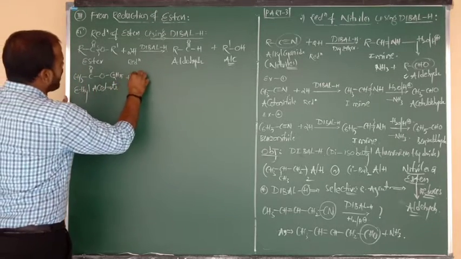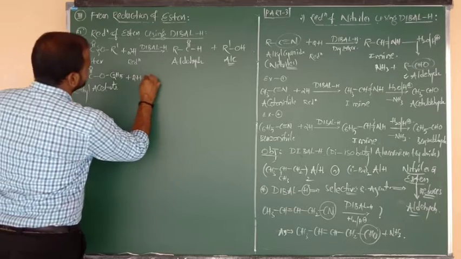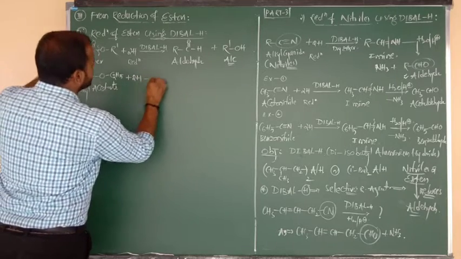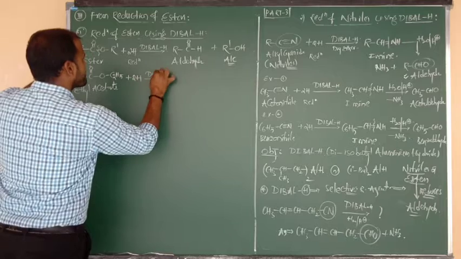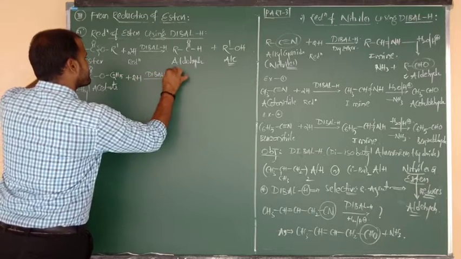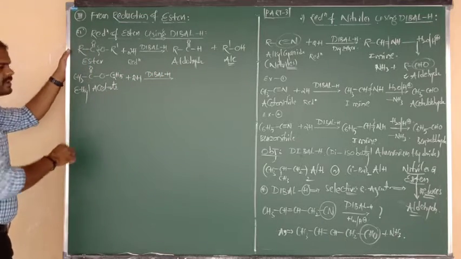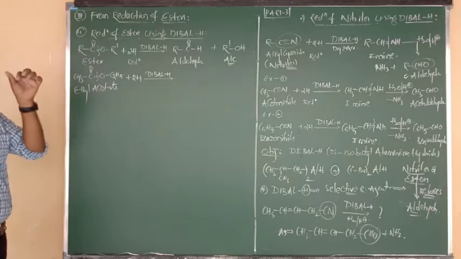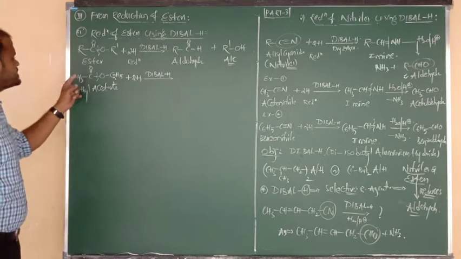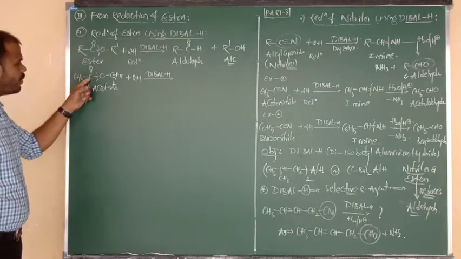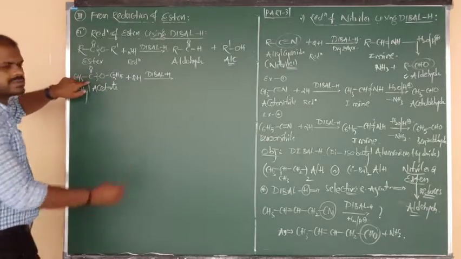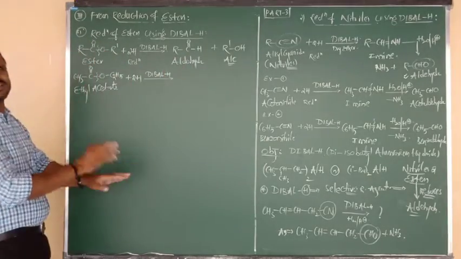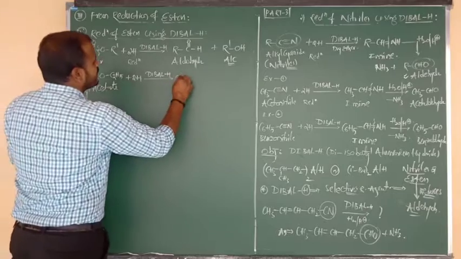Ethyl acetate upon reduction with DIBAL-H. Again upon reduction, bond breaking takes place between carbon and oxygen. CH3, C double bond O, the first part attacked by one hydrogen atom. In the place of R we have CH3. So what we can write now?